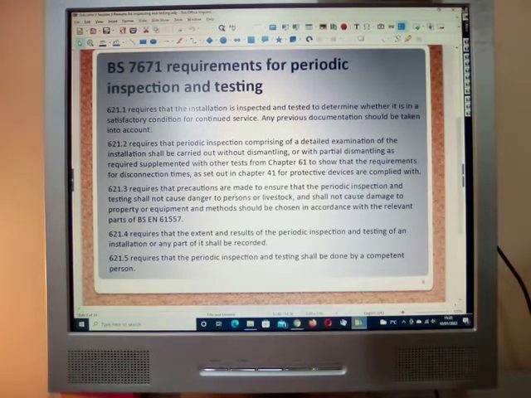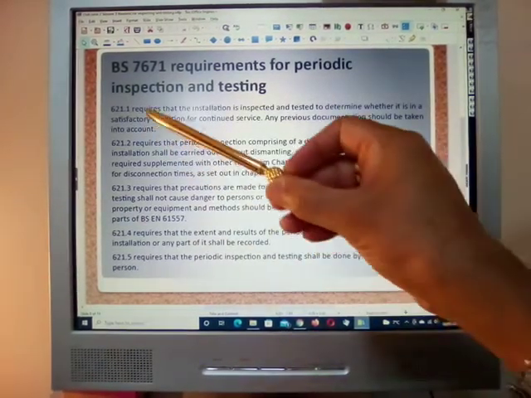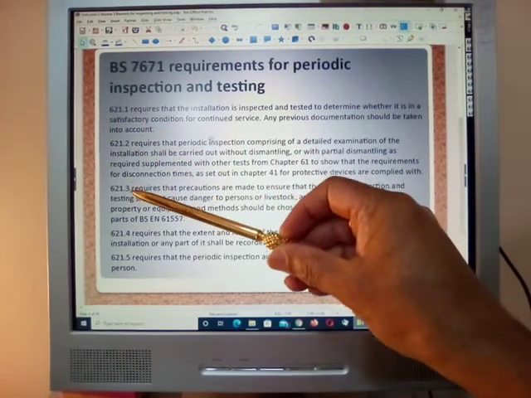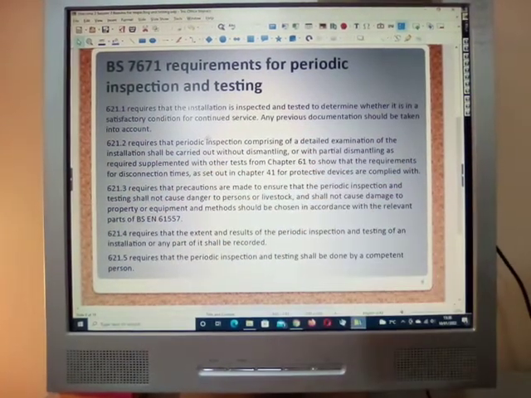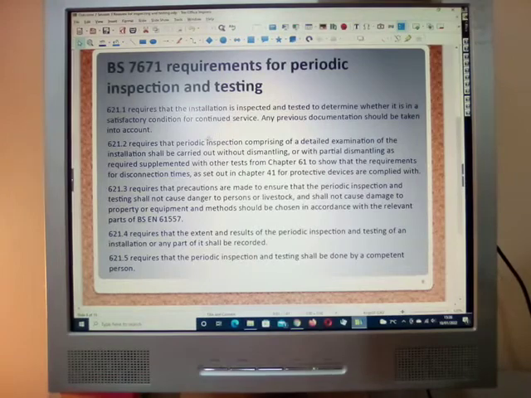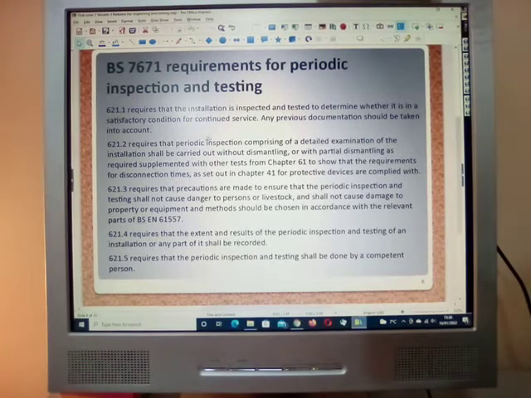Now here again, BS 7671 requirements for periodic inspection and testing, continuation with regards to the regulations specified. Again, make sure that these are still compliant with today's regulations, which is relevant to the 18th edition.